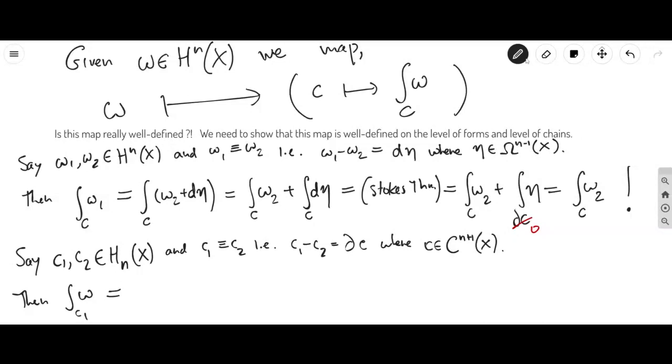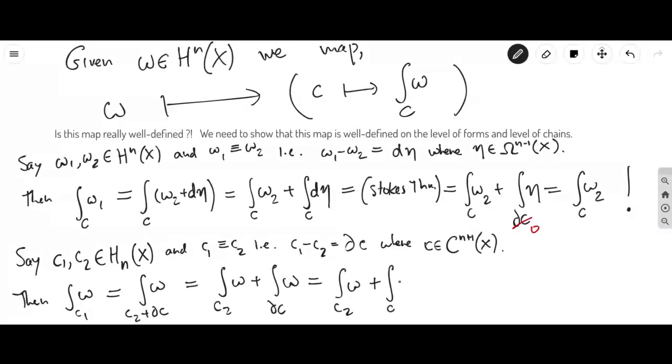So this is going to be equal to the integral of omega, but C1 is equal to C2 plus the boundary of C. Now, because integration is linear on chains, that's the way it's defined, we have this. But then we use our favorite theorem again. We use Stokes' theorem on the second integral. So that is d omega.